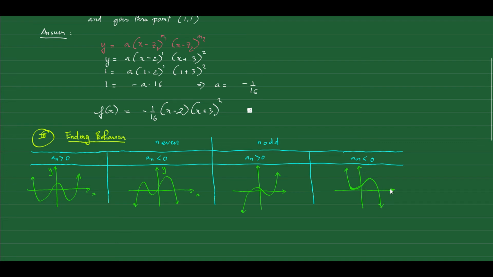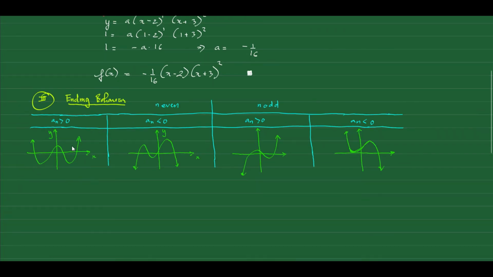Now, from this sketch, we can get the ending behavior easily. You see that when x approaches positive infinity, when you start from here and keep walking toward the right-hand side, the function is going up.